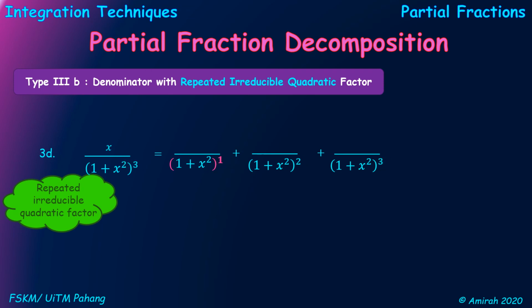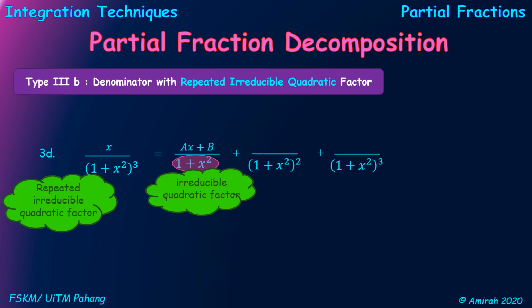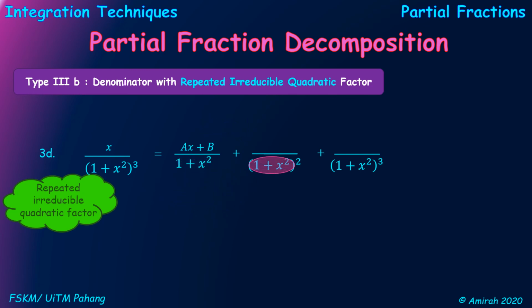Alright, and then now we want to write the numerator for each fraction. So actually 1 plus x squared bracket to the power of 1 here, no need to write. And then 1 plus x squared here from denominator is irreducible quadratic factor. So we can write numerator equals to linear factor ax plus b. And then for the second factor, for repeated factor, we just consider the factor in bracket only.